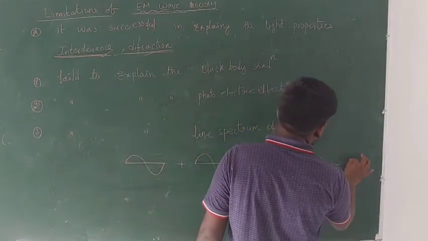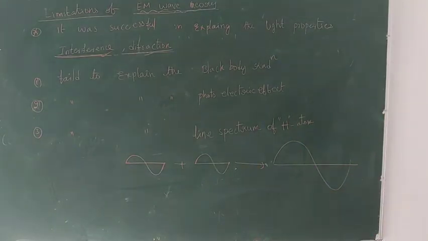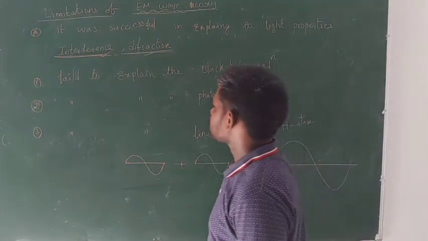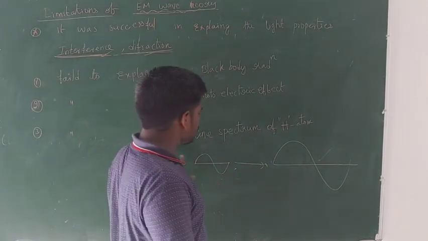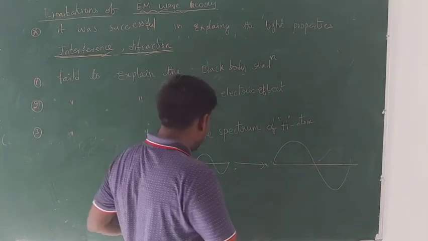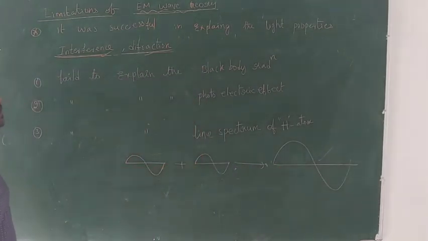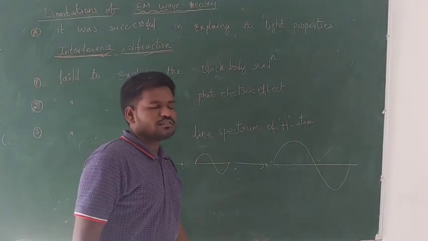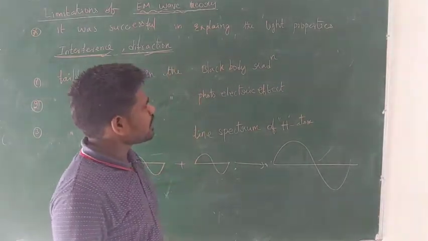So the combination of two waves to give a resultant wave is known as interference. Here the amplitudes of the two waves are added, and the amplitude also increases compared with the previous waves. And diffraction means bending of light around an obstacle.